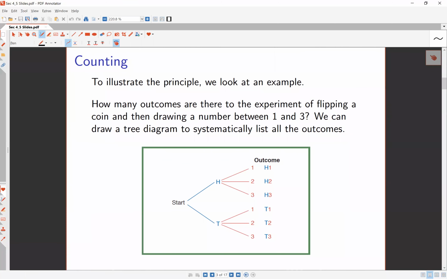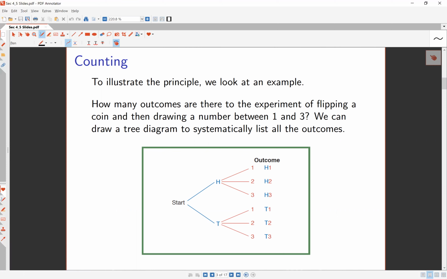And let's look just at a basic example to illustrate the concept here. Let's say you are doing an experiment that consists of 2 actions. Your first action is flipping a coin, and your second action is drawing a number between 1 and 3. And I want to know how many outcomes are there to this experiment.